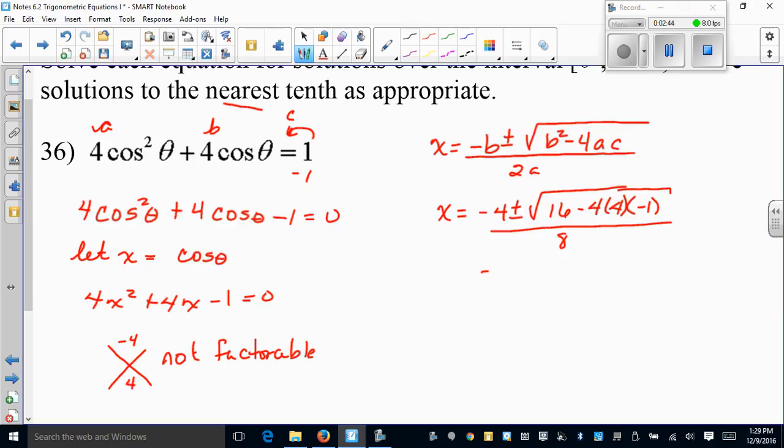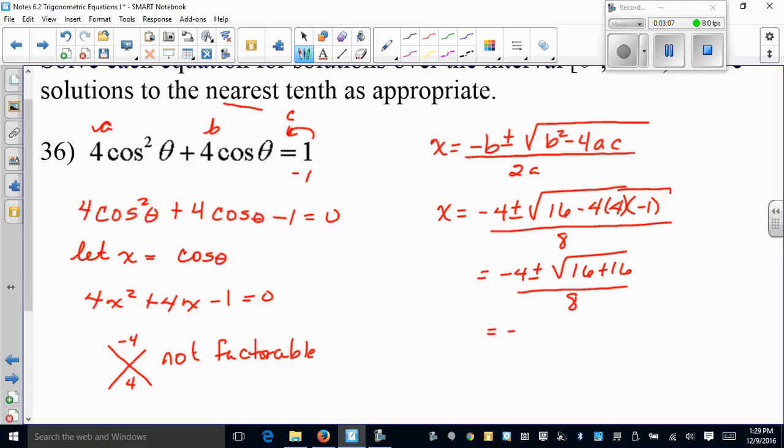So this gives us -4 plus or minus the square root of 16 plus 16. 4 times 4 is 16 times -1 gives us -16, but this negative in front will make it positive. All over 8.